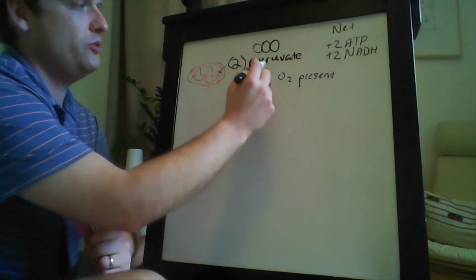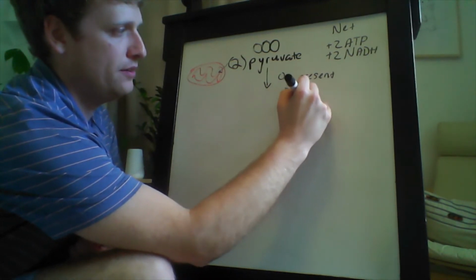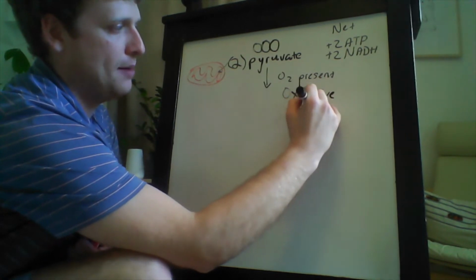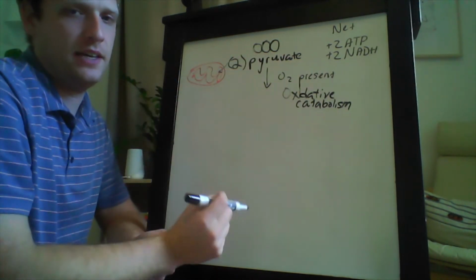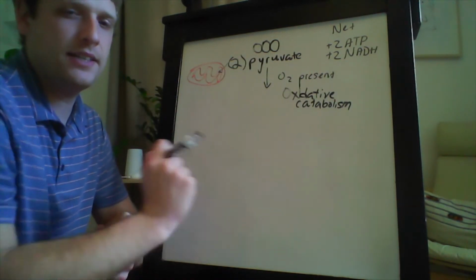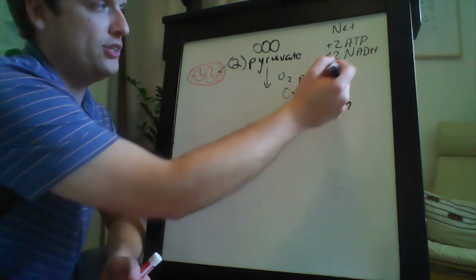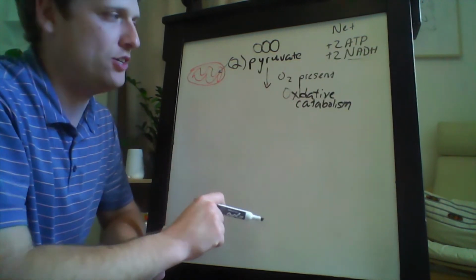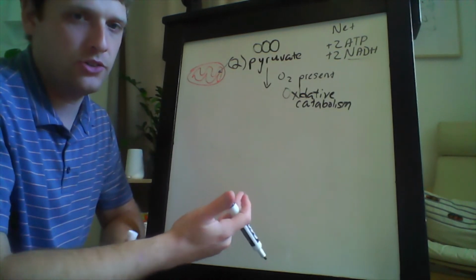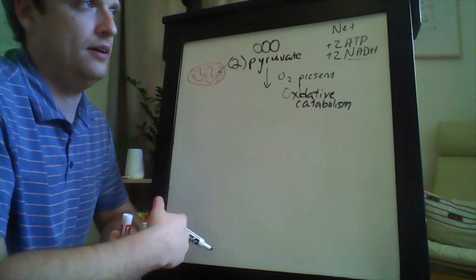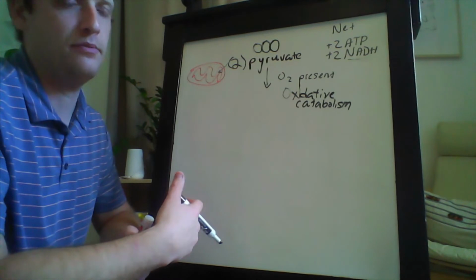So if O2 is present, you can proceed to what's called oxidative catabolism. And again, the purpose of this oxidative catabolism is not to make ATP directly, but it's to make as many of these reduced coenzymes, NADH and FADH2, as possible, so that they can take their electrons to the electron transport chain, and that molecular turbine can turn as a result of pumping hydrogen.